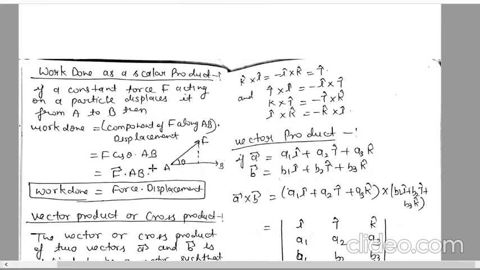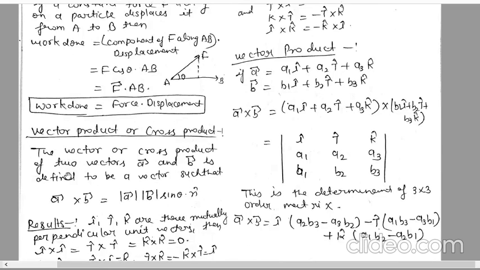Work done is equal to the component of F along AB and the displacement. So F cos theta into AB, and F cos theta into AB you can write as F vector dot AB. Since a vector dot b vector is equal to ab cos theta, you can write it as F vector dot AB. So work done is force dot displacement.